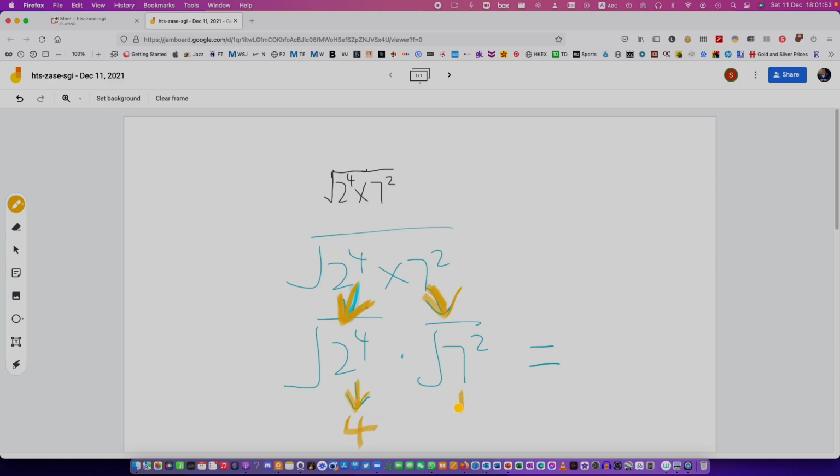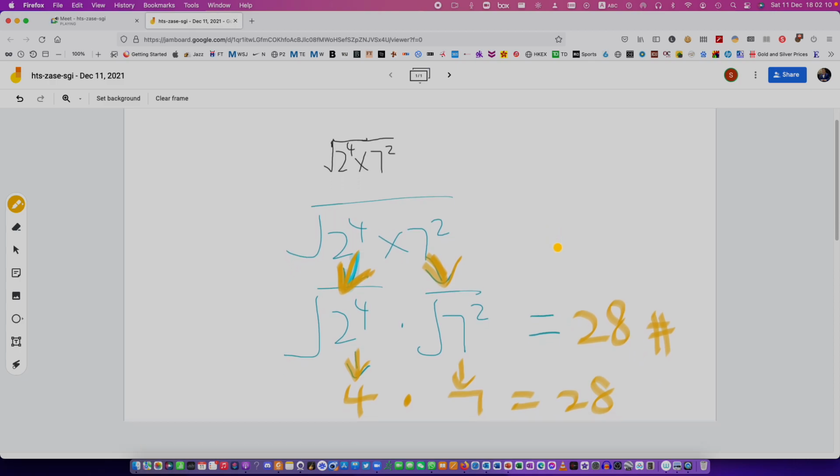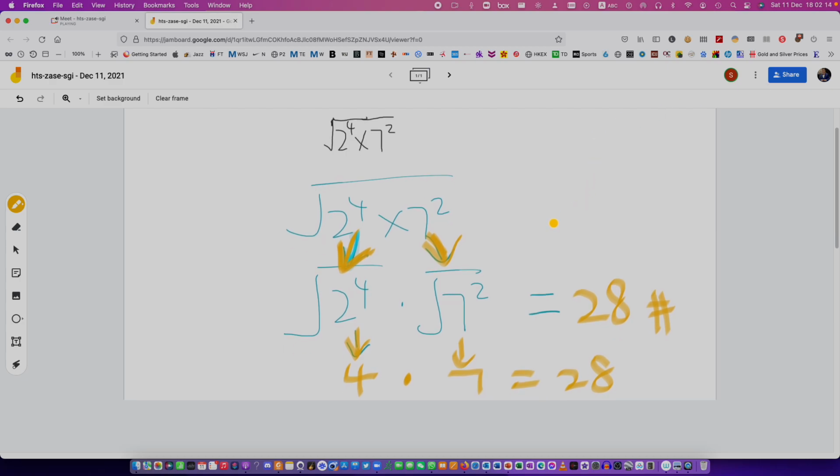And what do you get for this? I think you get 7. So 4 times 7 is 28. So that's the answer, which is here. Make sense? Does it make sense to you or not?